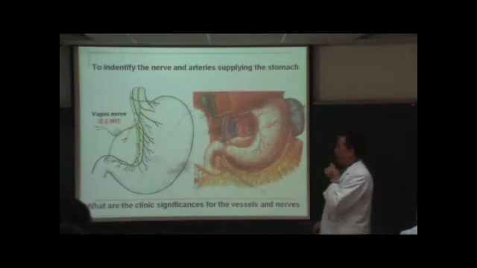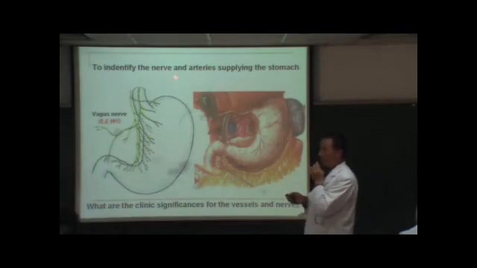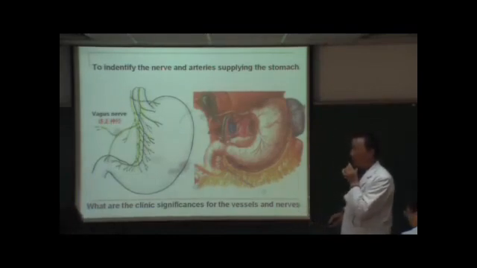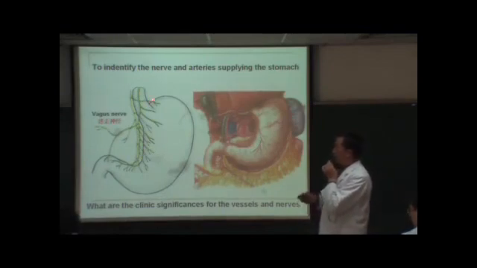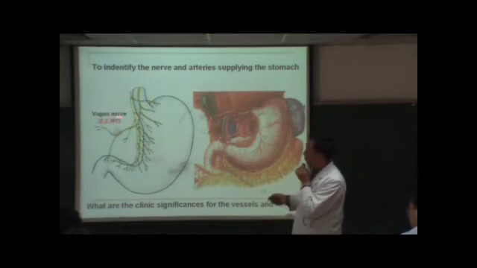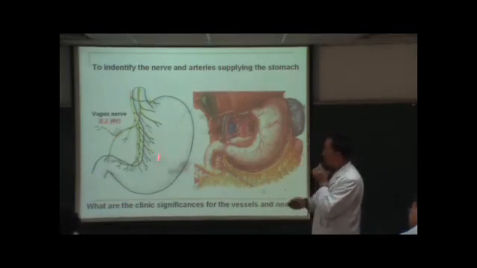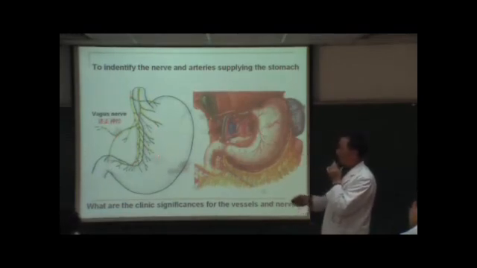And then you should identify the nerves and the arteries supplying the stomach. As we already know, the stomach is supplied by the vagus. These are branches from the vagus.